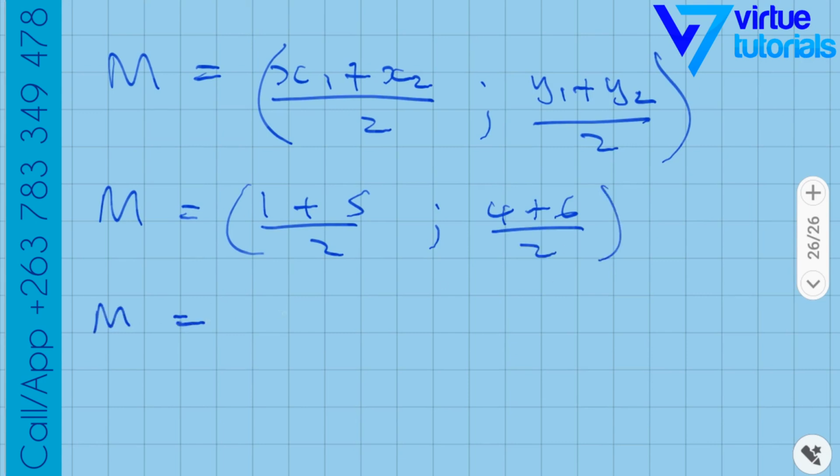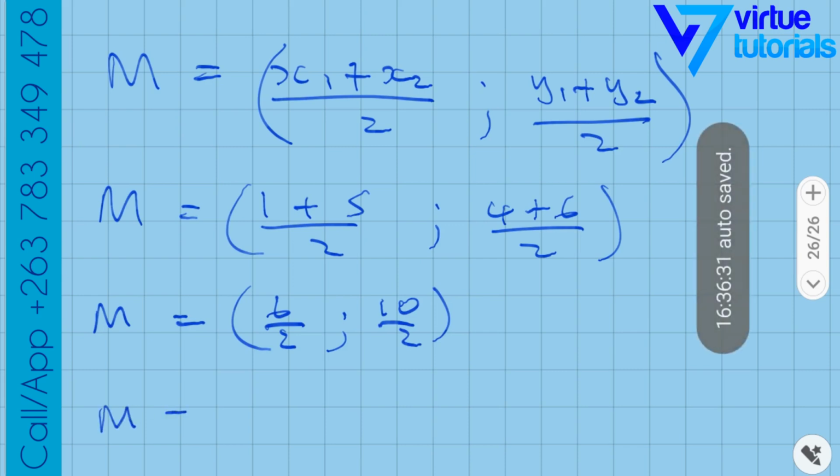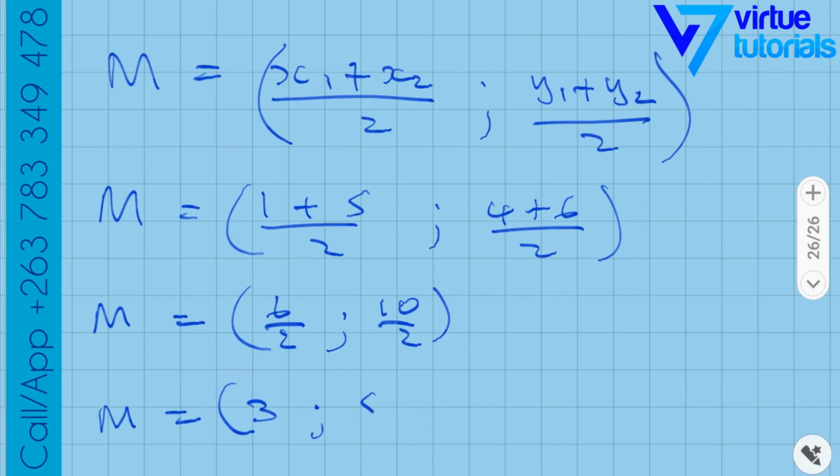So 1 plus 5 is 6 over 2, and our y value 4 plus 6 is 10 over 2. So our midpoint will be 6 divided by 2, 3, and 10 divided by 2, 5. So those are the coordinates of our midpoint.